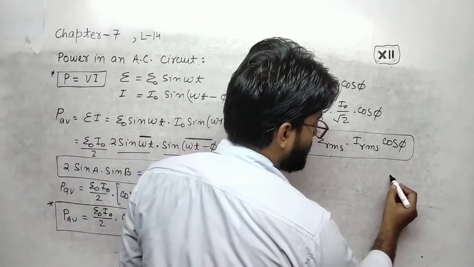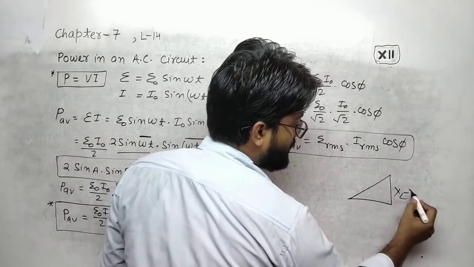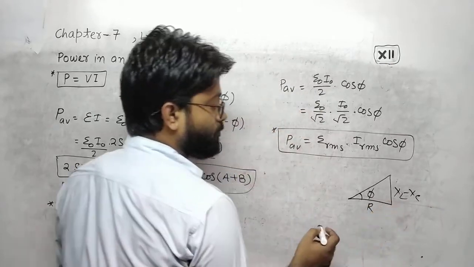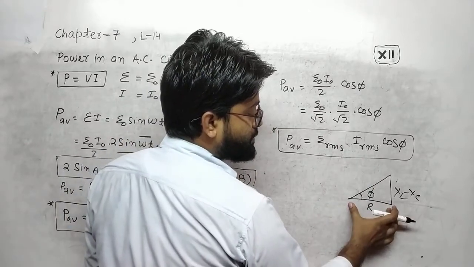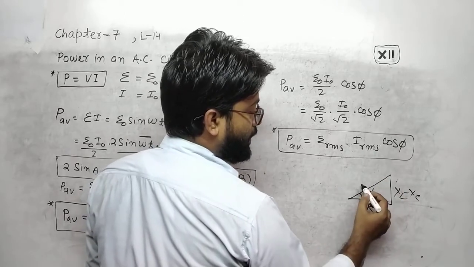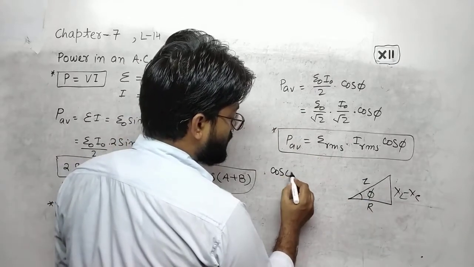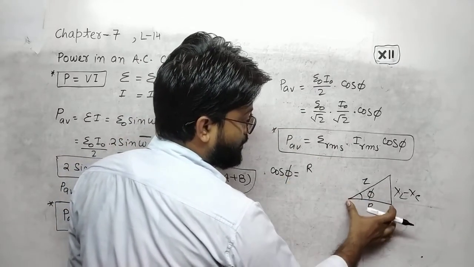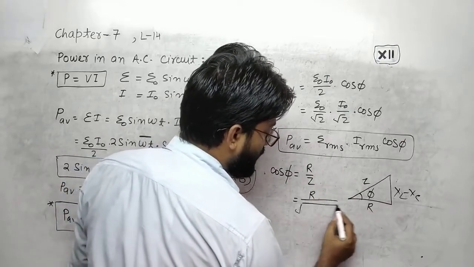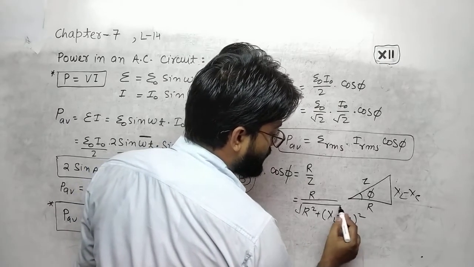We know that this is a triangle, and this is XL minus XC, this is R and this is phi. If you calculate cos phi, it is base upon hypotenuse, and this is Z. So in place of cos phi you can write base upon hypotenuse, R by Z. In place of Z you can write, as you know very well, the square root of R square plus (XL minus XC) whole square.